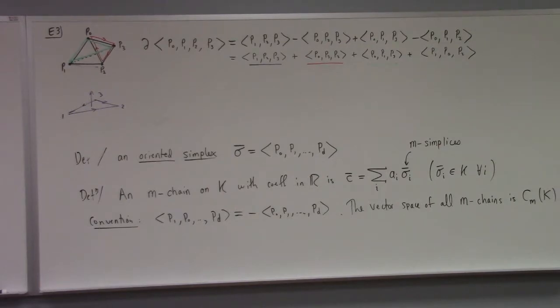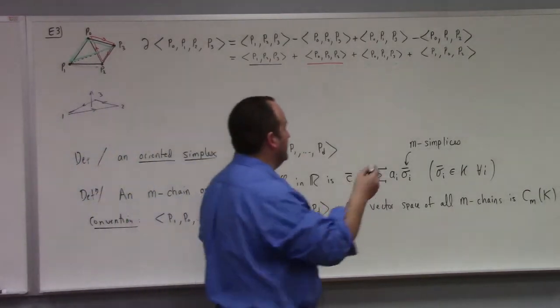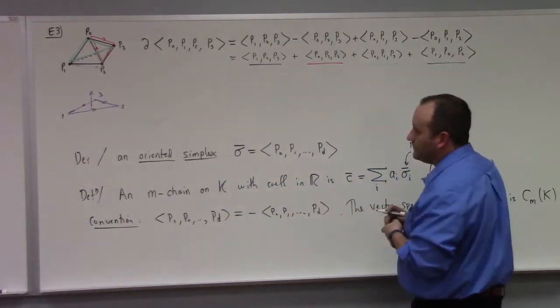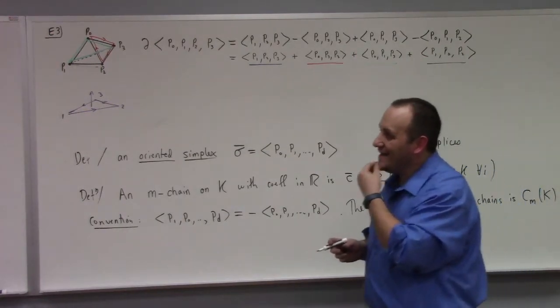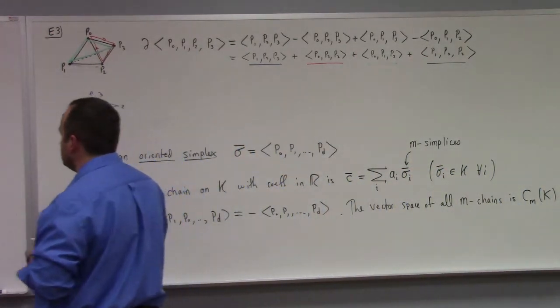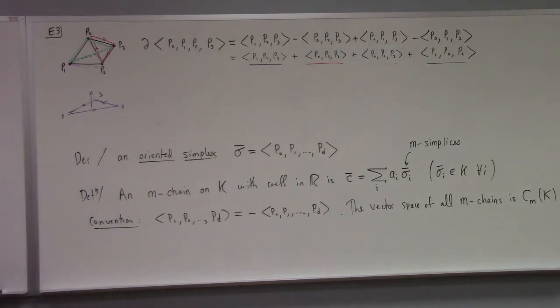So is it not a problem that the orientation of the different line segments is different? What do you mean? Like in the P1, P2, P3, the orientation is going from 3 to 1, whereas... Wait a minute, what are you saying? Didn't I do that here?